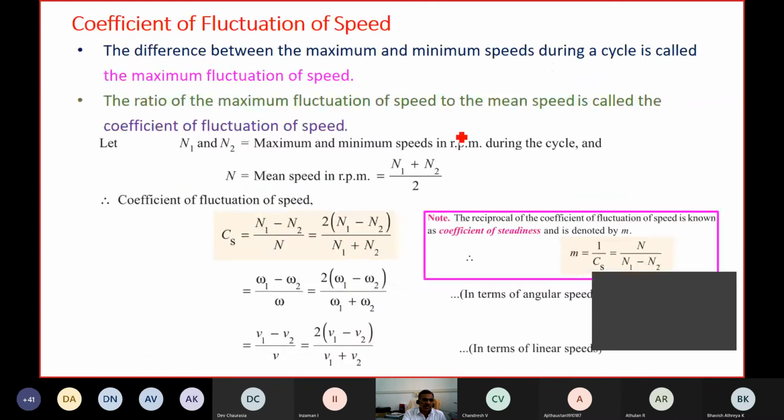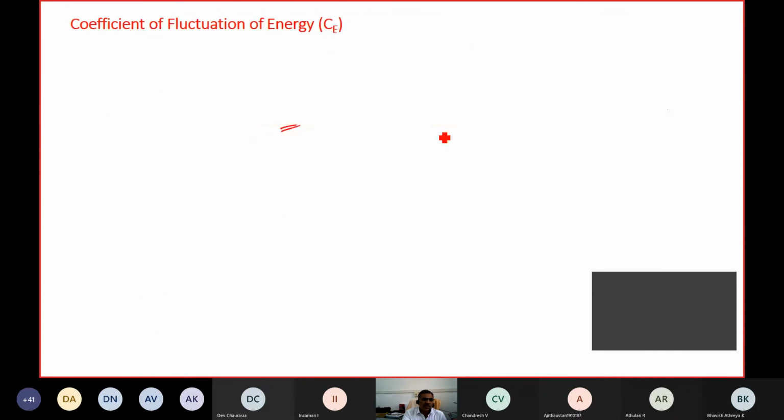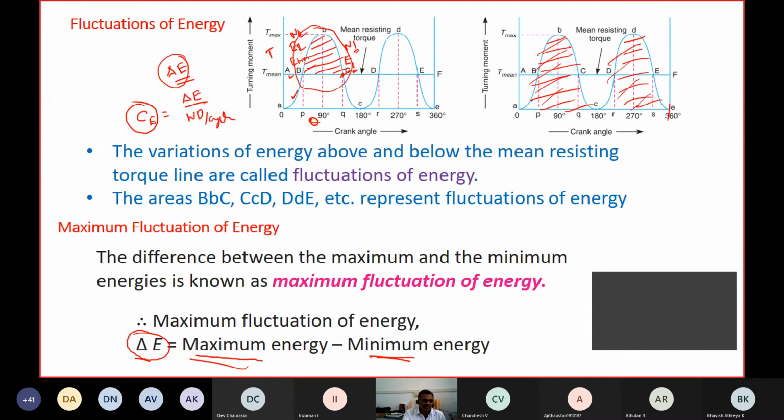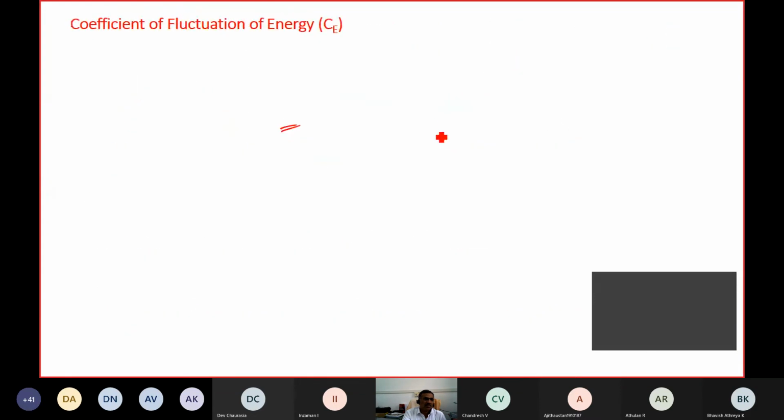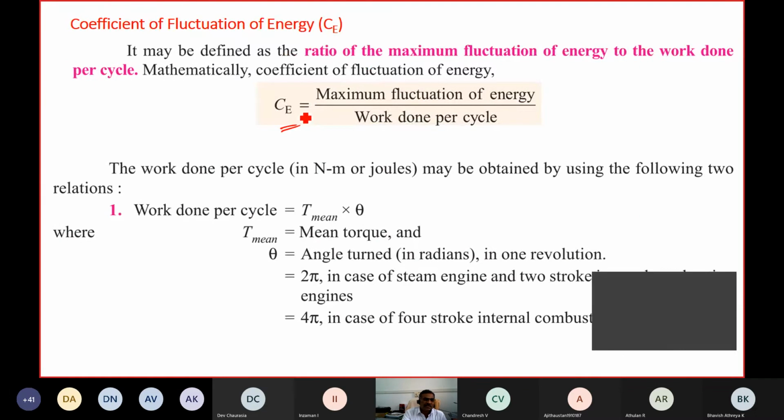So now, as I told you, one term is the maximum fluctuation in energy, then work done per cycle, then the coefficient of fluctuation in energy, CE.